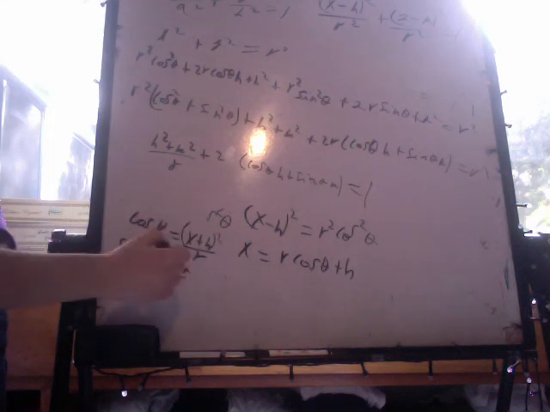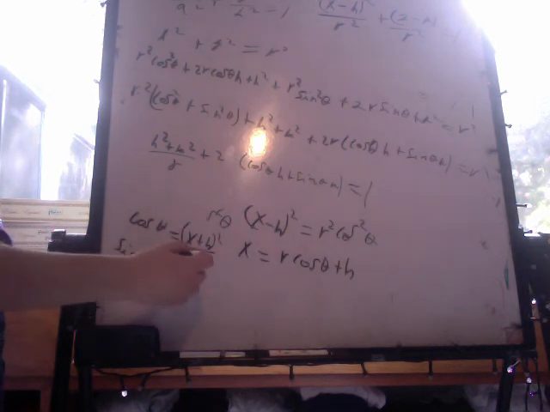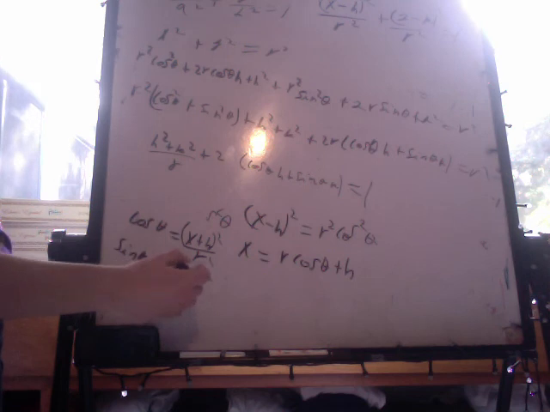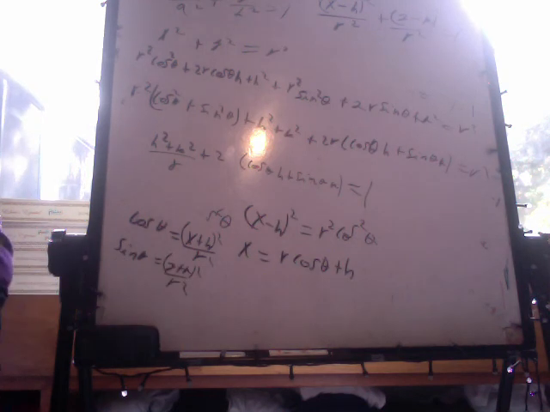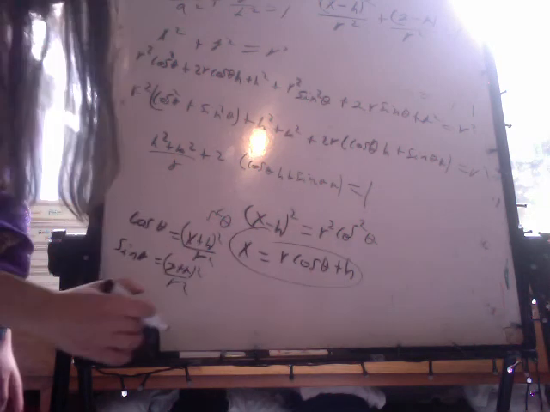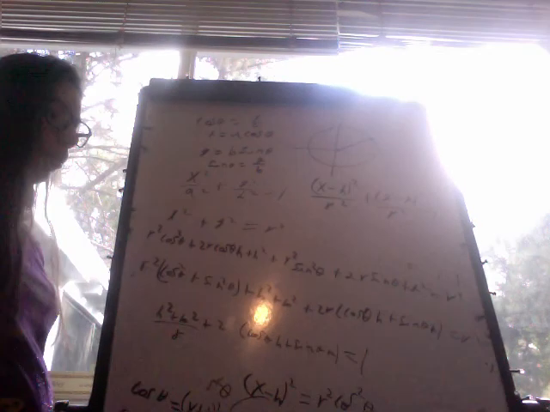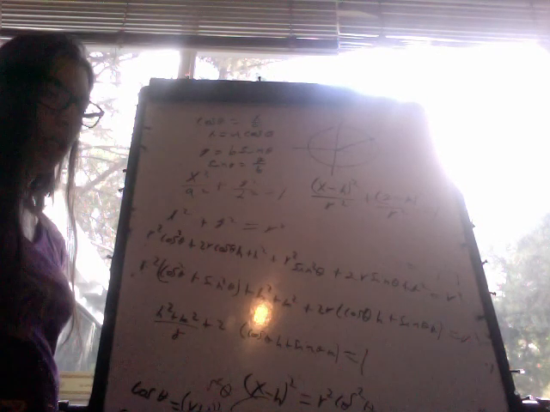I already took it away, but the equation of the circle, I already put it: x plus h all squared divided by r squared plus y plus k squared divided by r squared equals 1. So we know that this parametrization of x and y is the parametrization of a circle not centered at the origin, or centered at the origin if h and k are 0.